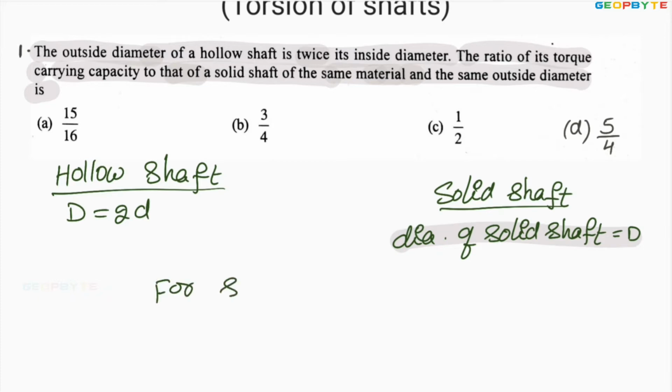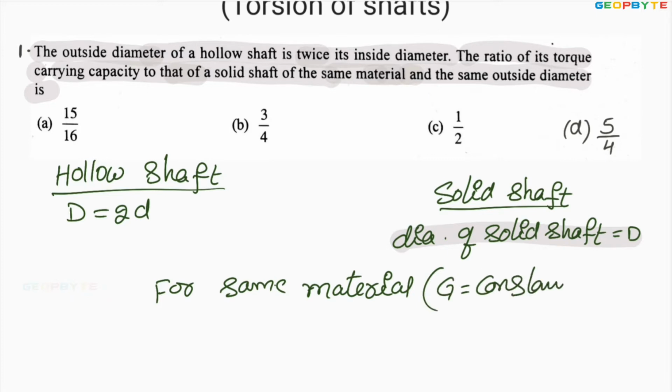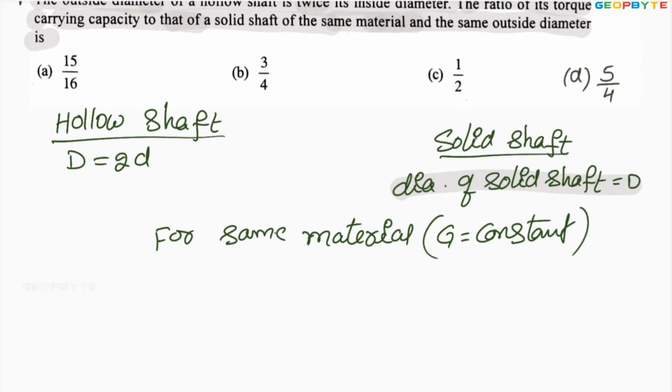For the same material, shear modulus G remains constant. Since shear modulus is a material property, it remains constant.